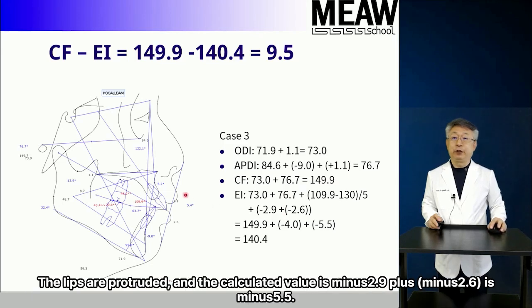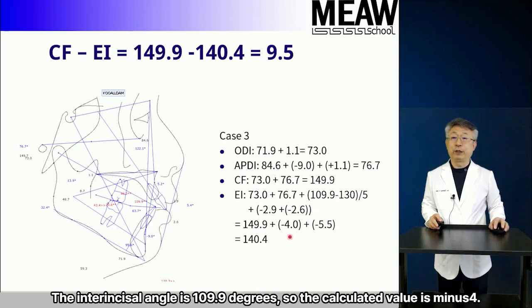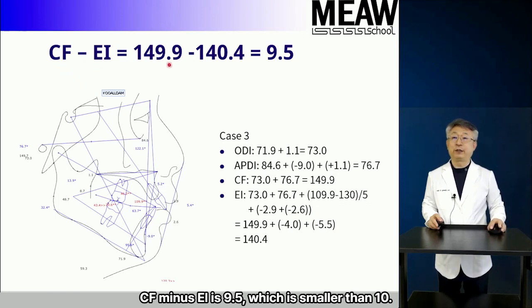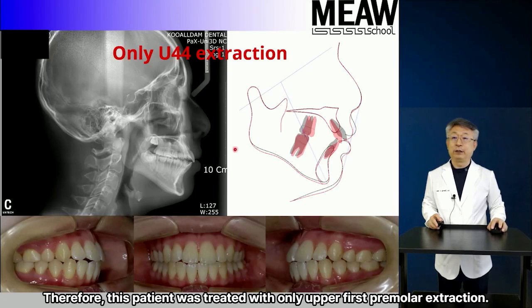The lips are protruded, and the calculated value is -2.9 plus -2.6 is -5.5. The interincisal angle is 109.9 degrees, so the calculated value is -4. CF-EI is 9.5, which is smaller than 10. Therefore, this patient was treated with only upper first premolar extraction.